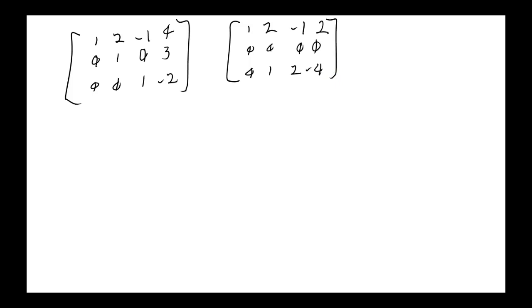Is that also in reduced row echelon form? Not quite. To be reduced row echelon form, that would have to be a 0, that would have to be a 0. Every leading 1 needs zeros below it and above it. These two keep that from being reduced row echelon. It is row echelon form, but not reduced.